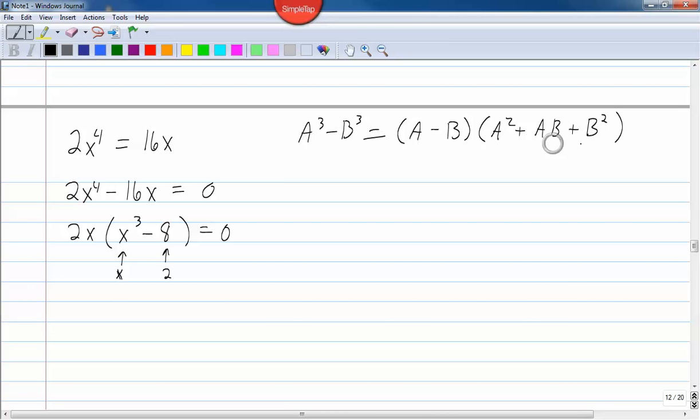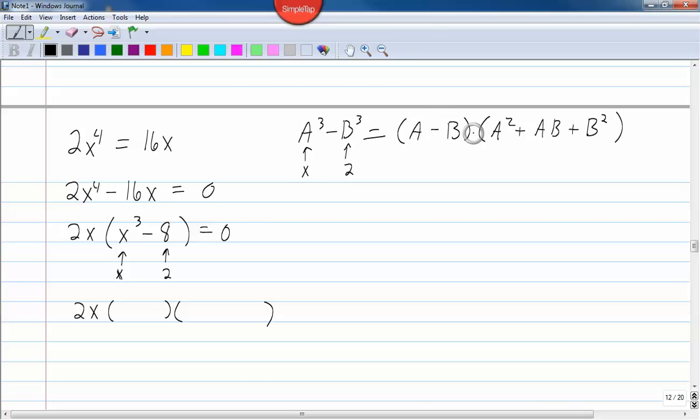Alright, so to use this formula, I'm going to plug everything into the formula. I'm going to let a equal x, and I'm going to let b equal 2. Okay, so make two sets of parentheses. One has 2 terms, the other has 3 terms.